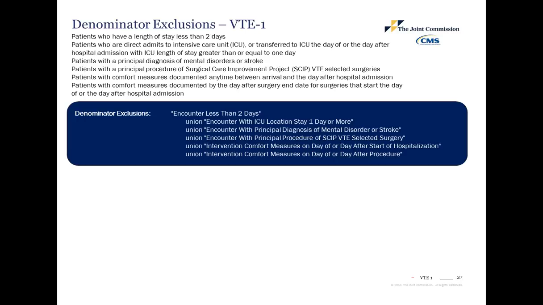Moving on to the denominator exclusions here on slide 37, it reads, patients who have a length of stay less than 2 days, patients who are direct admits or transferred to ICU on the day of or the day after hospital admission with ICU length of stay greater than or equal to 1 day, patients with a principal diagnosis of mental disorders or stroke, patients with a principal procedure of VTE selected surgeries, patients with comfort measures documented any time between arrival and the day after hospital admission, patients with comfort measures documented by the day after surgery and end date for surgeries that start the day of or the day after hospital admission.